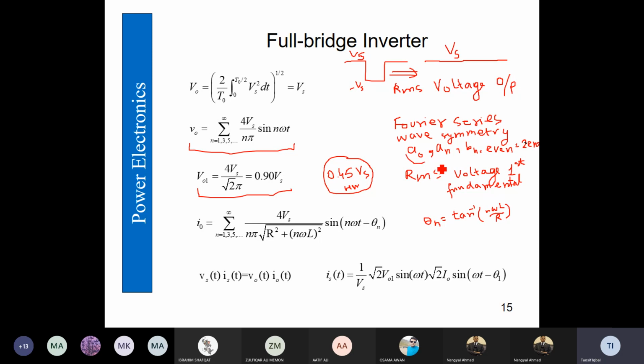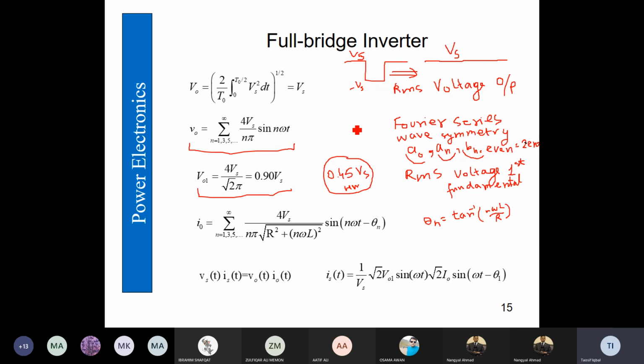So the DC content, the cosine component, and even the Bn for even numbers, all of these components are going to be 0 if we follow the wave symmetry.